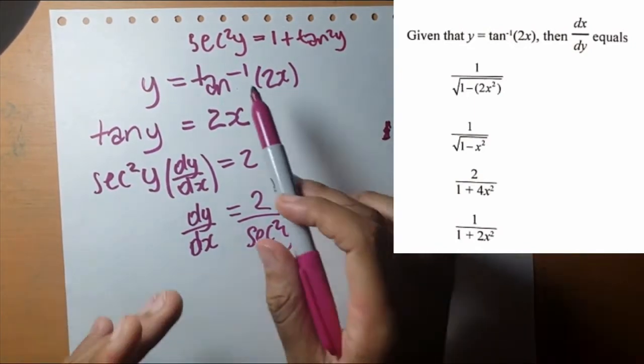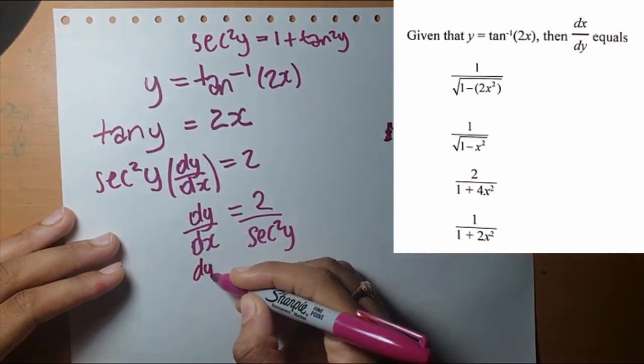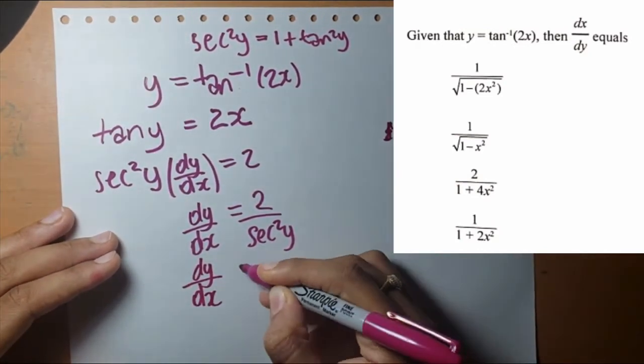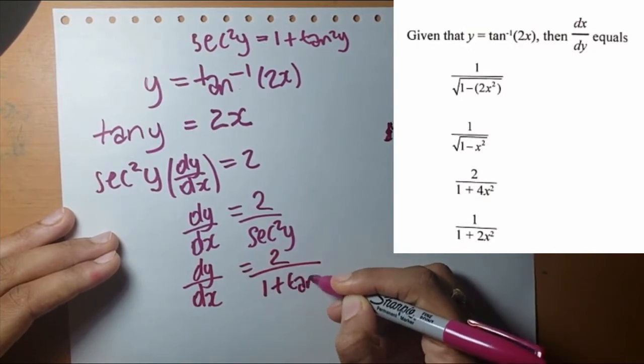Or if you're given it as sec squared y minus tan squared y is equal to 1, however you know it, but you need to know these identities, because they're just going to be embedded into a question and you're just going to work the question. Don't know the identity, then have to stop. So know your identities. So that is dy over dx is equal to 2 over 1 plus tan squared y.